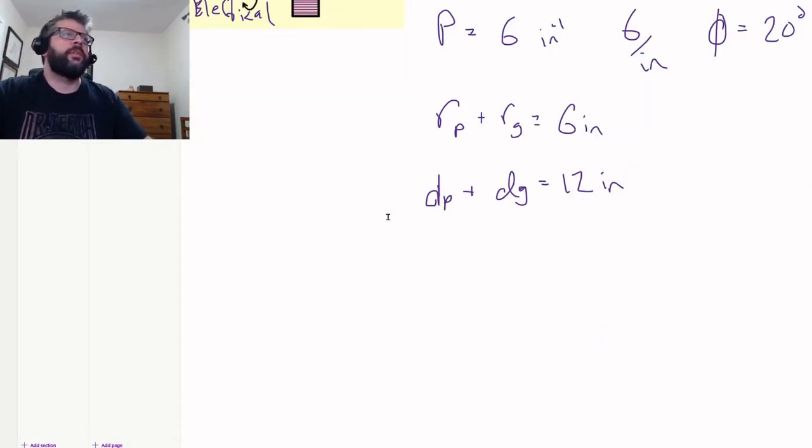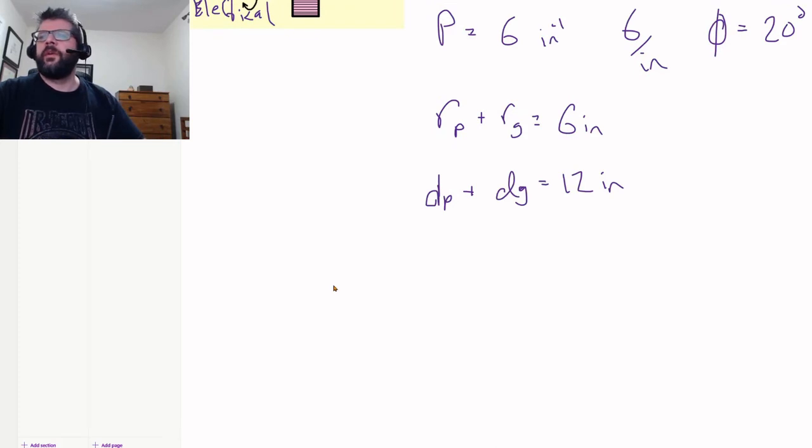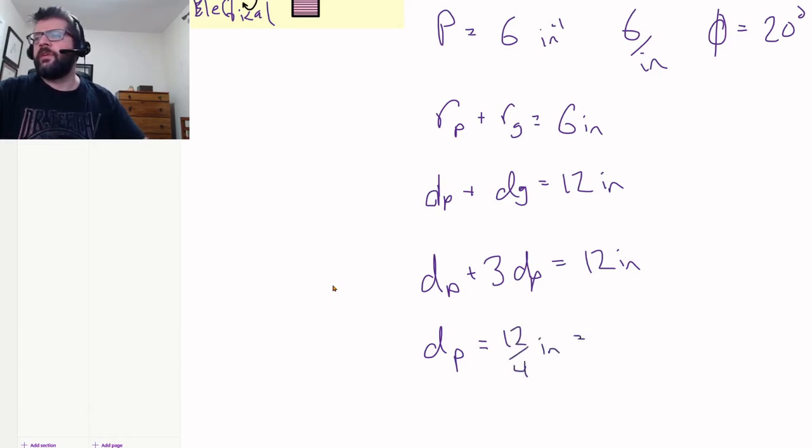We also know that the gear ratio needs to be 3. So the number of teeth on the gear needs to be 3 times that on the pinion, and the diameter of the gear needs to be 3 times the diameter of the pinion. So we have the diameter of the pinion plus 3 times the diameter of the pinion. Subbing that in, that needs to equal 12 inches. Therefore the diameter of the pinion is 12 over 4, 3 inches.